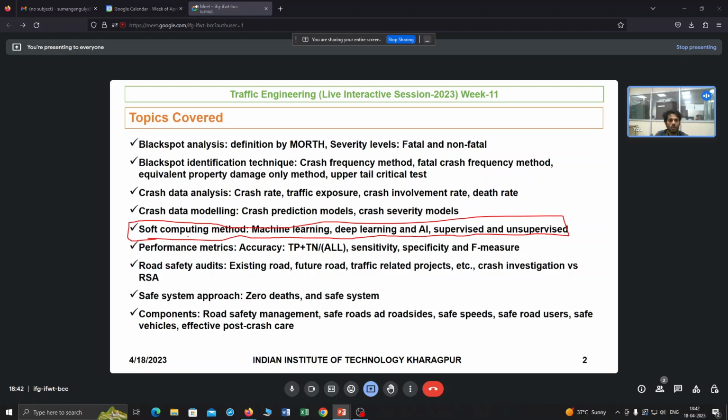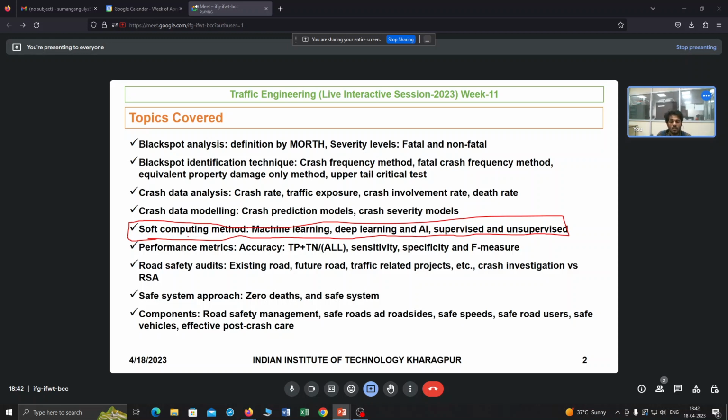So whether those are present on the vehicle or not, and then how do you provide effective post-crash care? After an accident occurs, what is the time taken by the ambulance to reach the particular destination, what are the facilities in that ambulance, and what is the nearest location of a good facility?